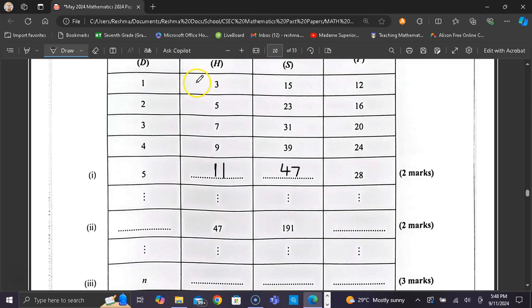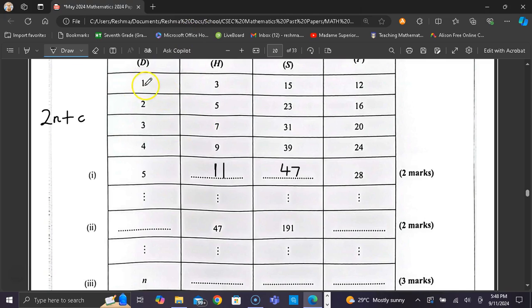Therefore, I could deduce that the number of hexagons will be in the form 2n plus some constant, which we're going to figure out now.